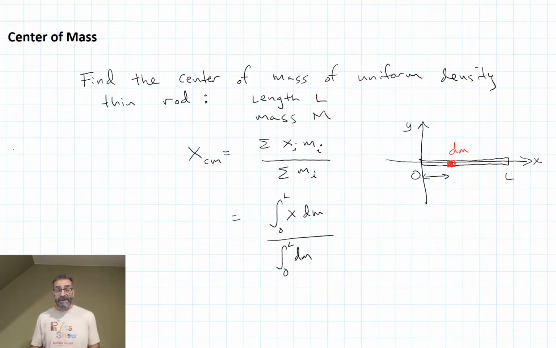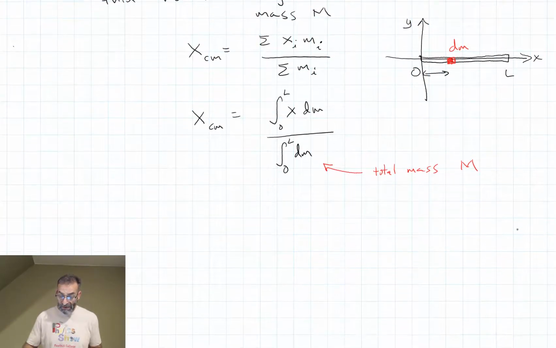And in the numerator, I get the integral of dm, which is just m, the total mass of the rod. Now this is just like what we did when we were finding rotational inertias. We integrated over all the little dm's. So let's take a quick look.